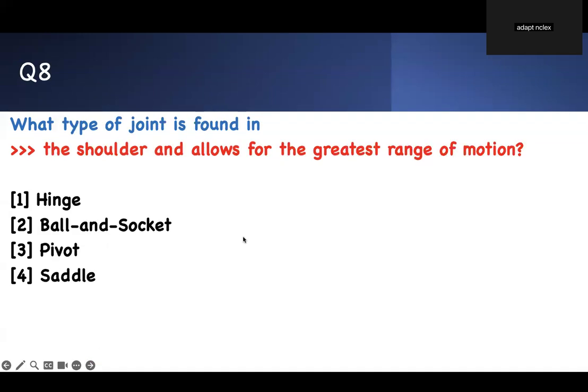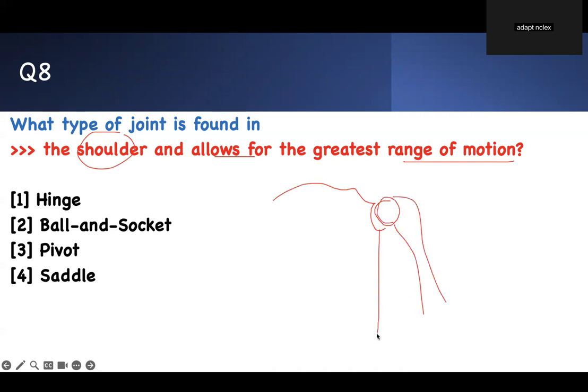What type of joint is found in the shoulder and allows for the greatest range of motion? Look at your shoulder. If this is the individual, there's something here like that, right? And the head of the humerus comes down like that.